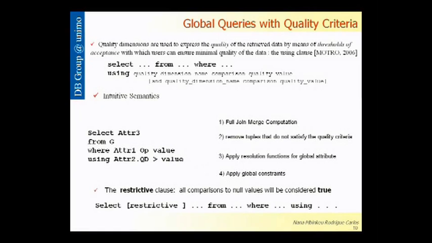We have to include the restrictive clause to consider that data quality can have null values, because the three-valued logic may evaluate to true, false or unknown. In general, maybe we consider false on the comparison. So to take into account the possibility that some data quality can have the value null, we can include in our query the keyword restrictive.